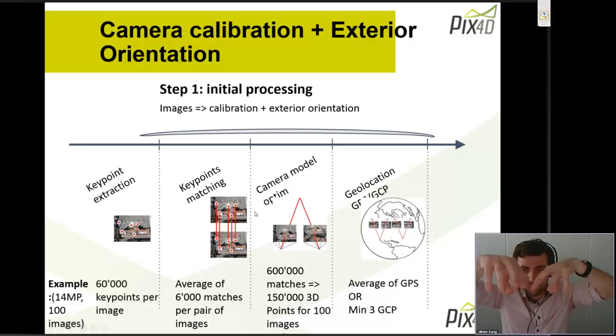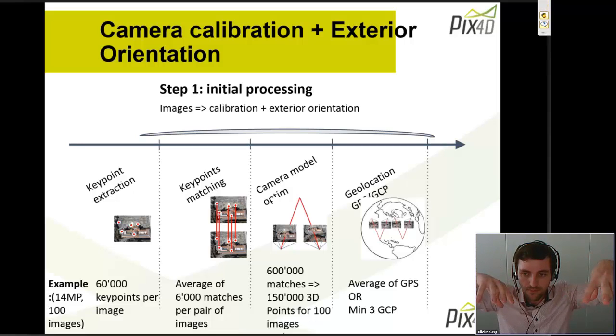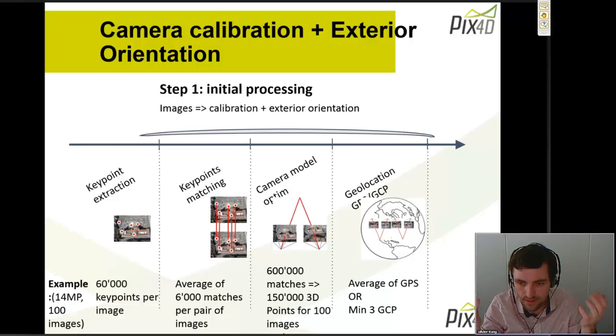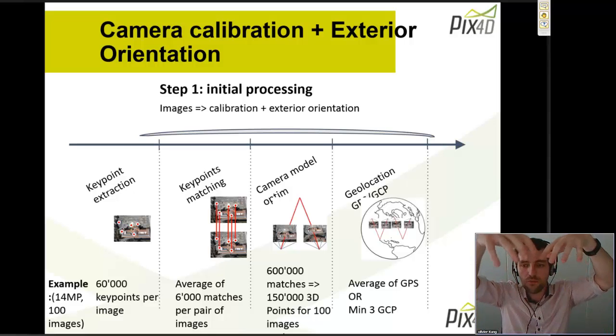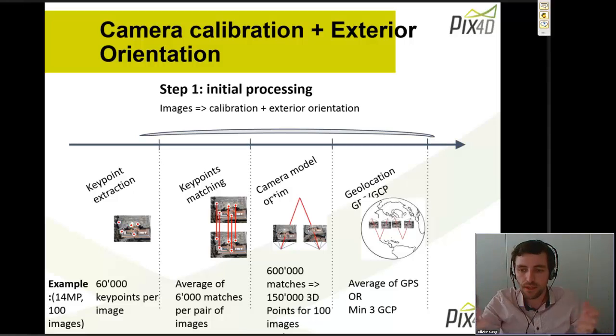After doing this step, after growing gradually and optimizing for all the cameras, the software will then use information that you have added also, which could be geotags or GCP, and it will try to fit the model to these geotags and GCP, and this is the step which usually gives the geolocation of the process.